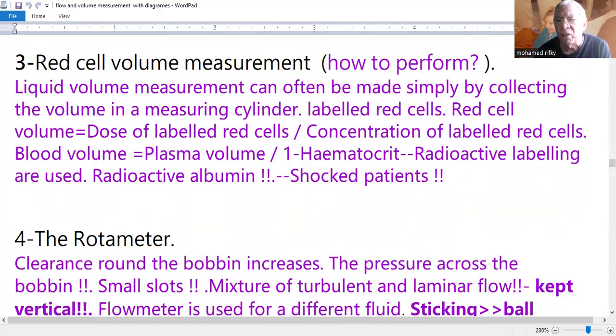Of course, it's not accurate in shock patients because there is no even distribution of blood, and we must remember also how we can measure the extracellular fluid by labeled albumin.